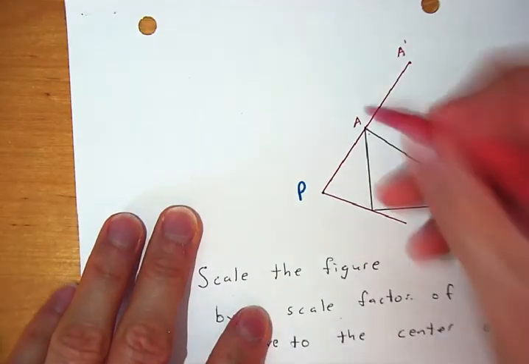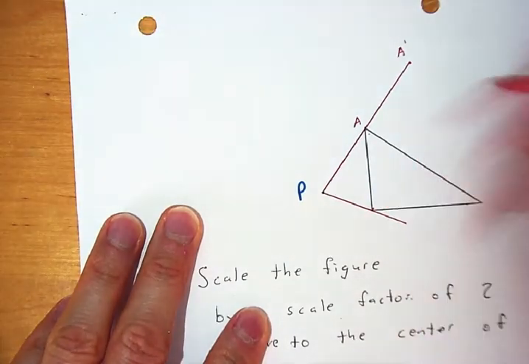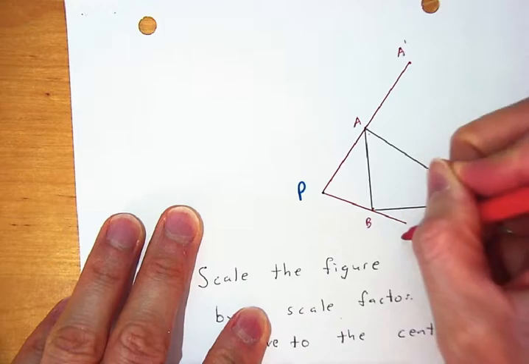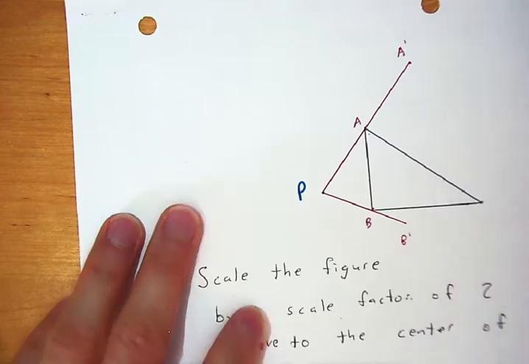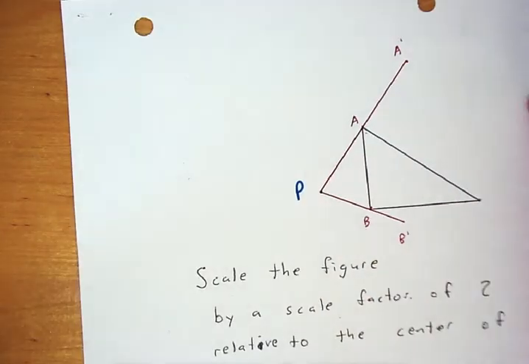So if this was point B, this point right here is now B prime. And let's do it over here as well. So let's do that point compared to there.